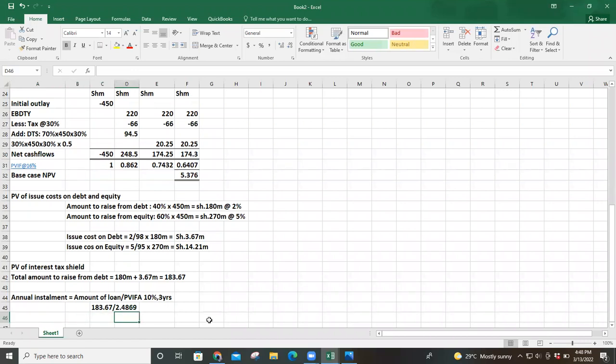Therefore, annual installment becomes 183.67 divided by 2.4869, which is 73.86 million shillings.